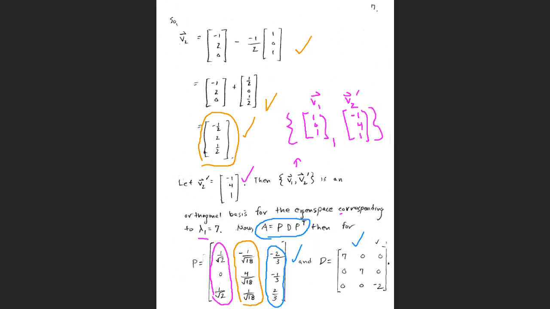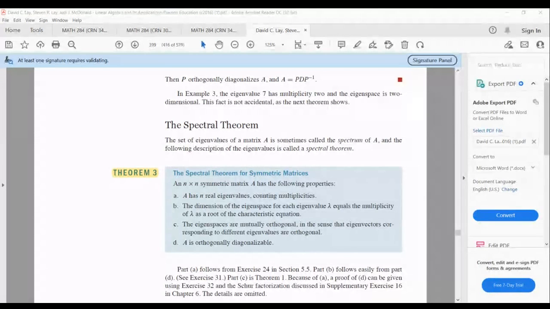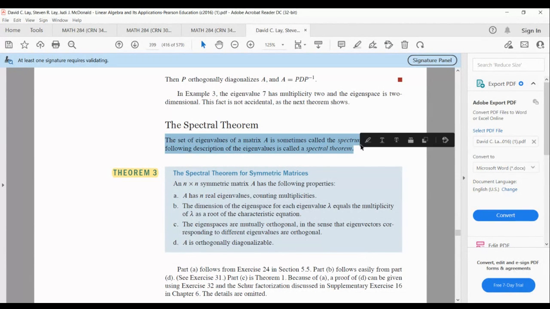So, let's now go back to the book and look at a few more items. The set of eigenvalues of a matrix A is sometimes called the spectrum of the matrix A, and I have heard this term used in other courses.